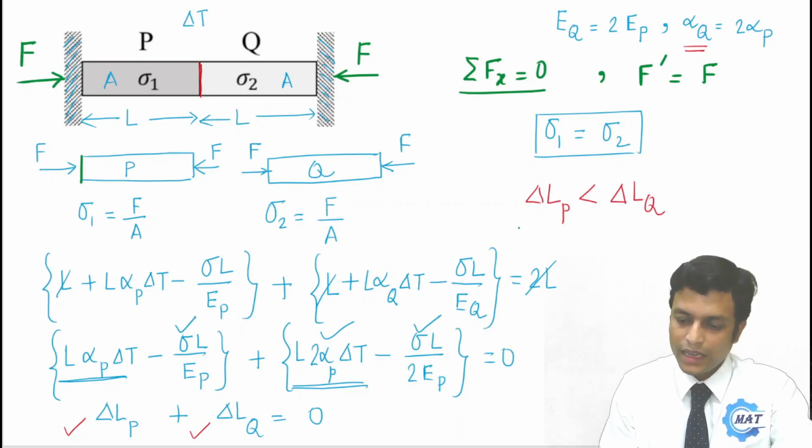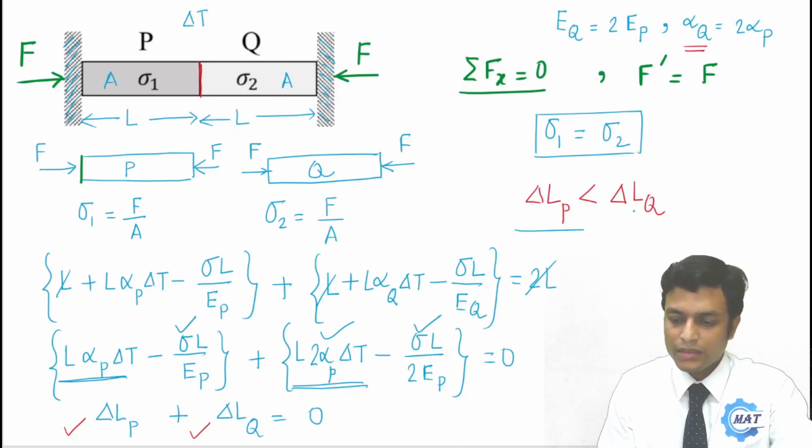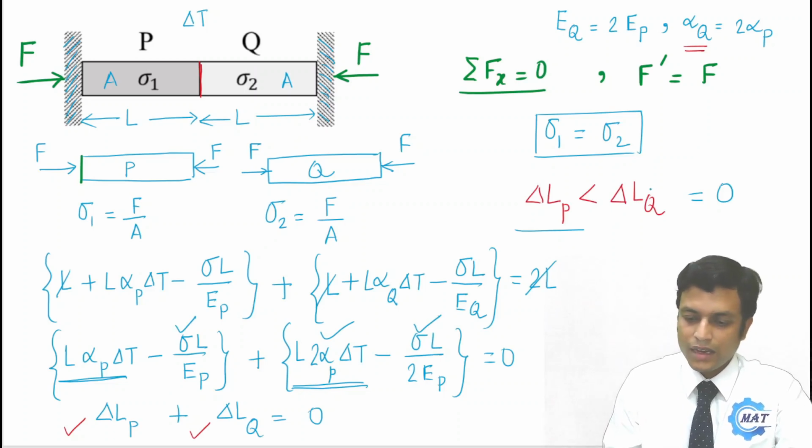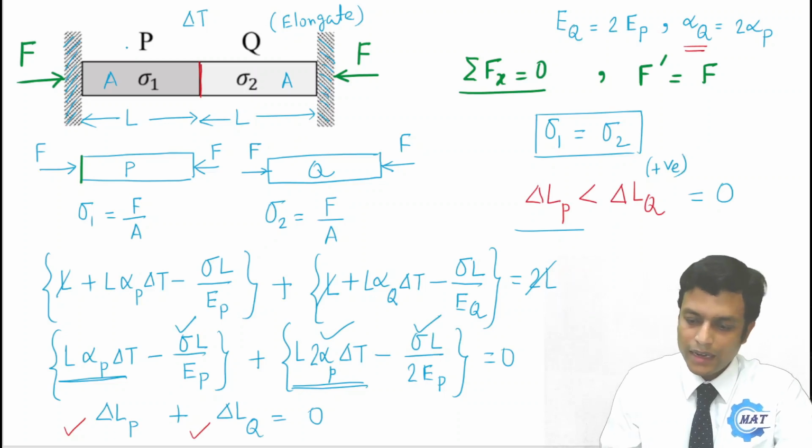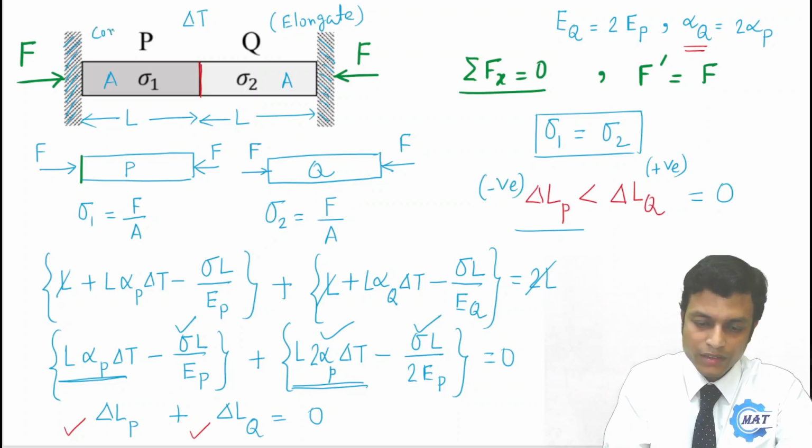So delta LP is less than delta LQ, and their summation is 0. That is, Q will elongate, delta LQ is positive, and delta LP is negative. P will be compressed.